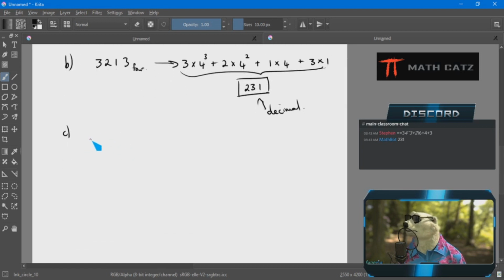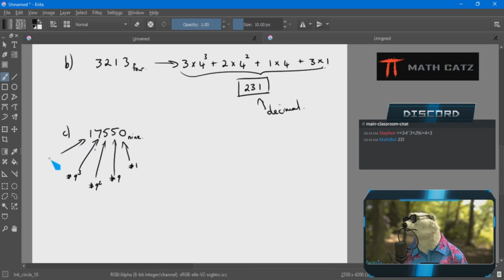Then the last one. Again, I don't want to go too fast, so let me know. 17550, and that is base 9. Let's have some arrows again, maybe. Number of 1s, number of 9s, number of 9 squared, number of 9 cubed, number of 9 to the power of 4.